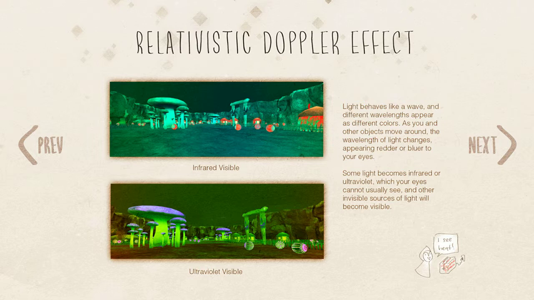Now, I didn't try backing up in the game, but if we were moving away from an object that was producing ultraviolet, and we're moving away fast enough, then that ultraviolet would be stretched out until its wavelength is long enough to be visible to us. Now, I don't know if there's anything in the real world that produces ultraviolet. Well, obviously there are things that produce ultraviolet because ultraviolet is a thing.